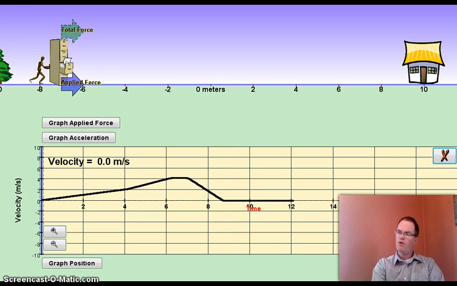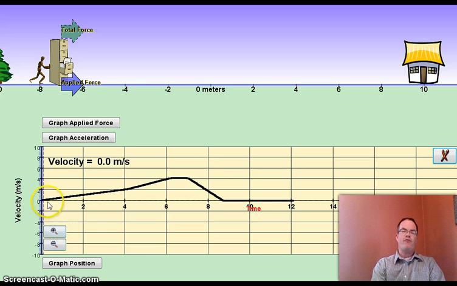So next I want you to take a look at a little game we're going to play here. As you can see, the graph is completely different than what you just had. Well, maybe not completely different, but subtly different. I want you to predict what happens in this particular scenario. What's going to happen?